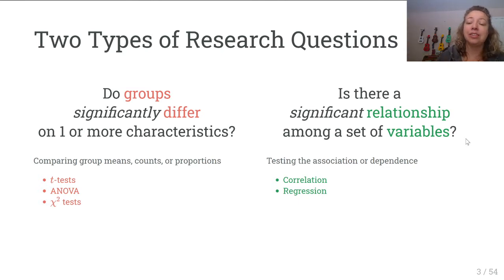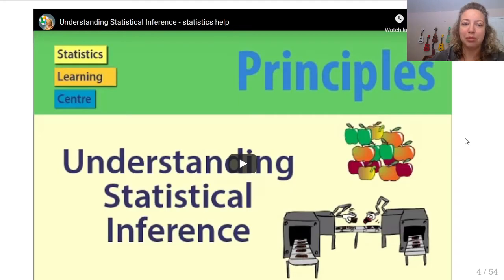We will touch on this slightly in this class, but mostly these relationship questions will be answered more fully with regression models, which is the 7610 class's focus. So again, in 6600, we're going to focus on t-tests, ANOVA, and chi-squared tests, which are mostly asking, are there group differences on different measurements, whereas correlation and regression are looking at whether there are relationships between variables. Now, there is definitely overlap, but we're going to set these as two different types of questions.